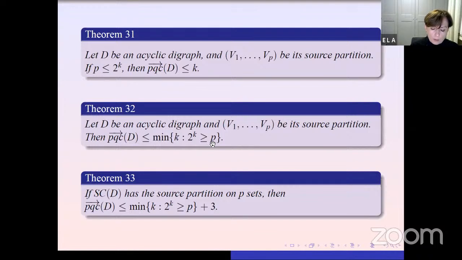So we are looking for the smallest K such that we can bound p by 2^K. And then this is an upper bound for the proper quasi-connection number. And of course, in the case when the digraph is not acyclic, we add 3.